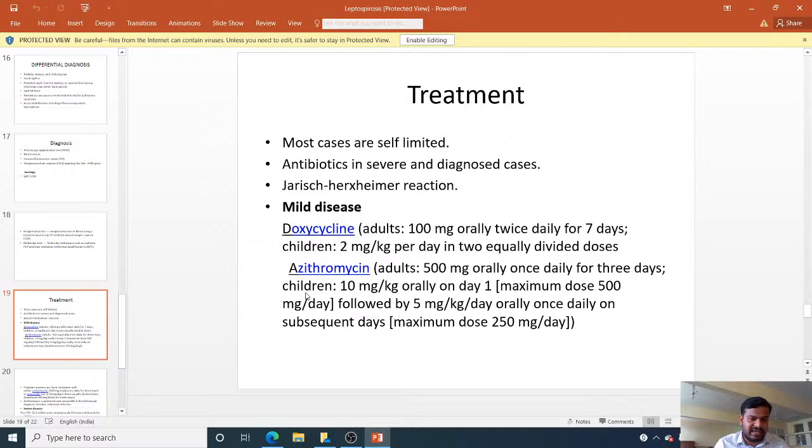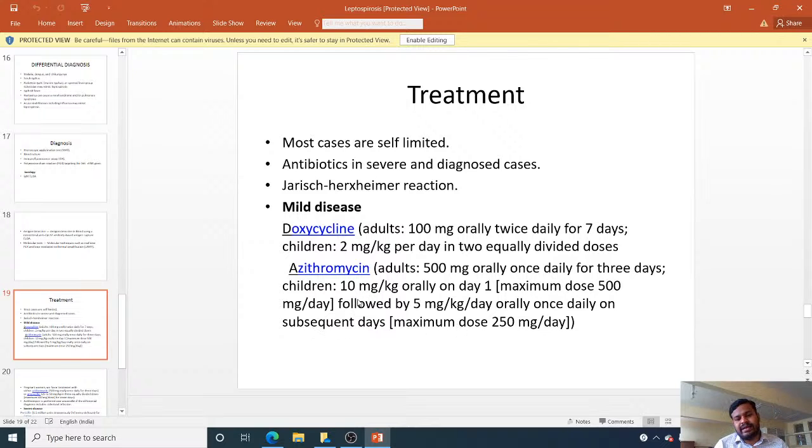So you should see if the patient is having mild symptoms, and has not gone into any complication. Since you have diagnosed leptospira, you should use doxycycline or azithromycin. Azithromycin 500 milligrams orally once daily for 3 days.